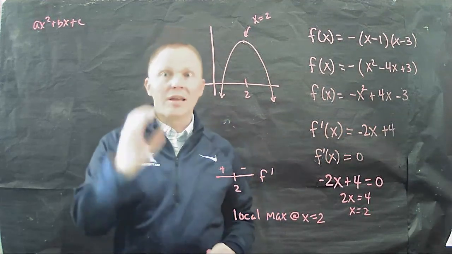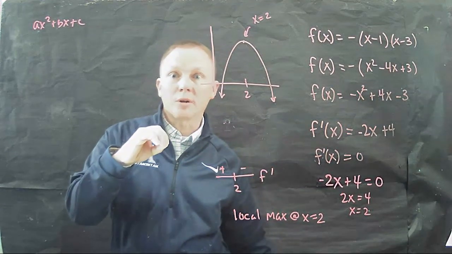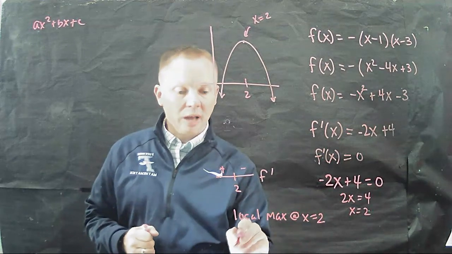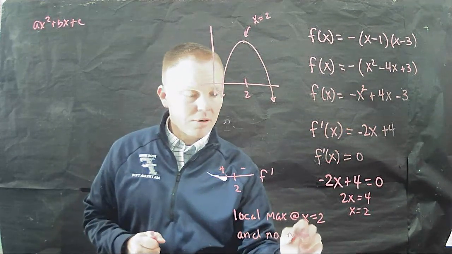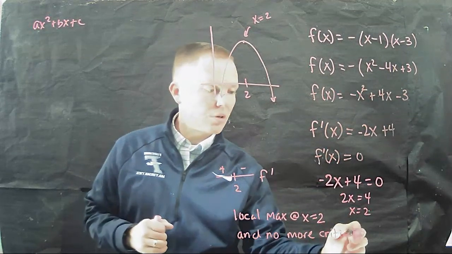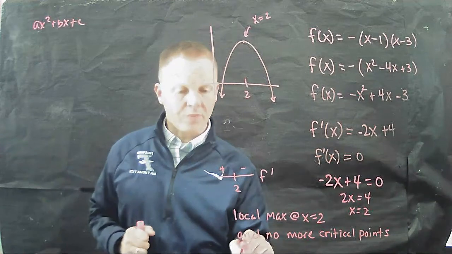So I know that we hit a high point, and then after that, we just kept getting smaller and smaller and smaller. So we have a local max at x equals 2, and no more places where the function's going to change back to increasing, right? We got no more critical points.